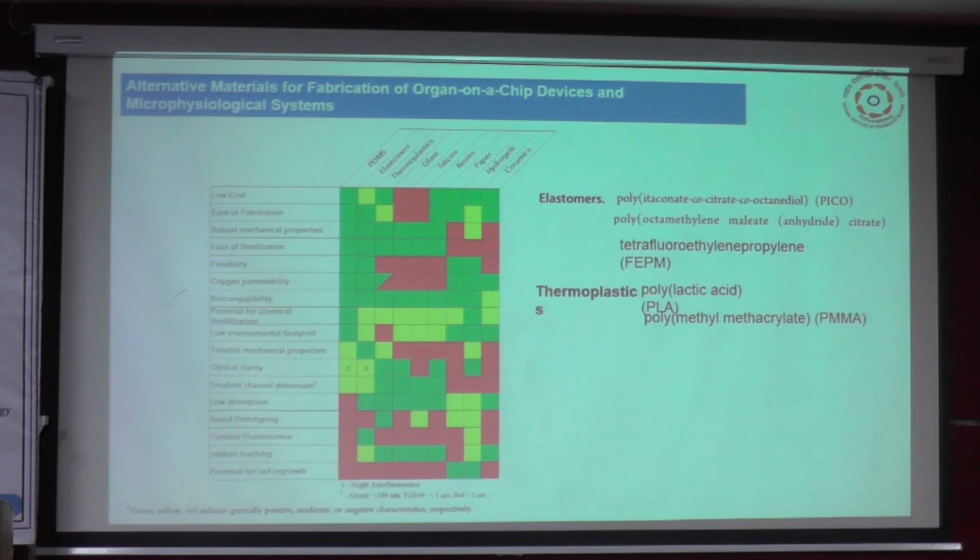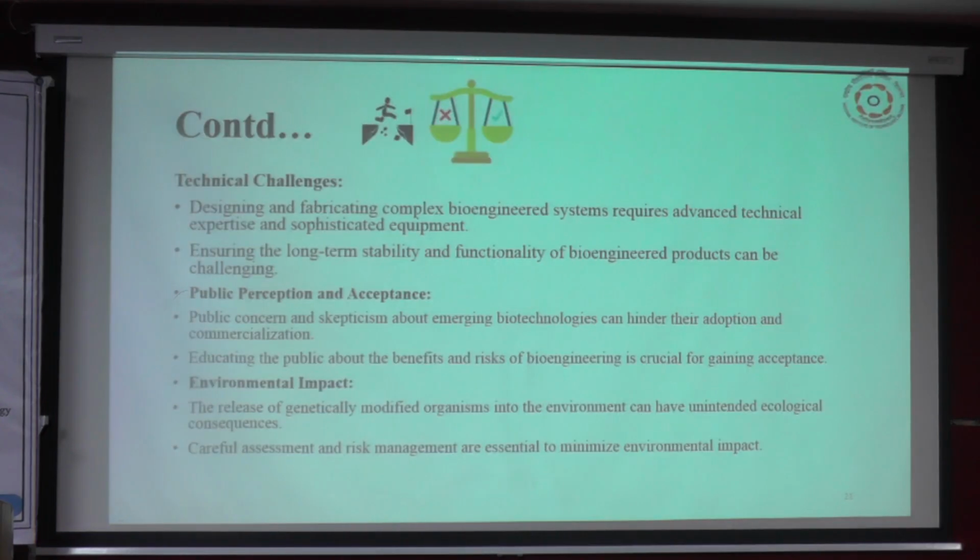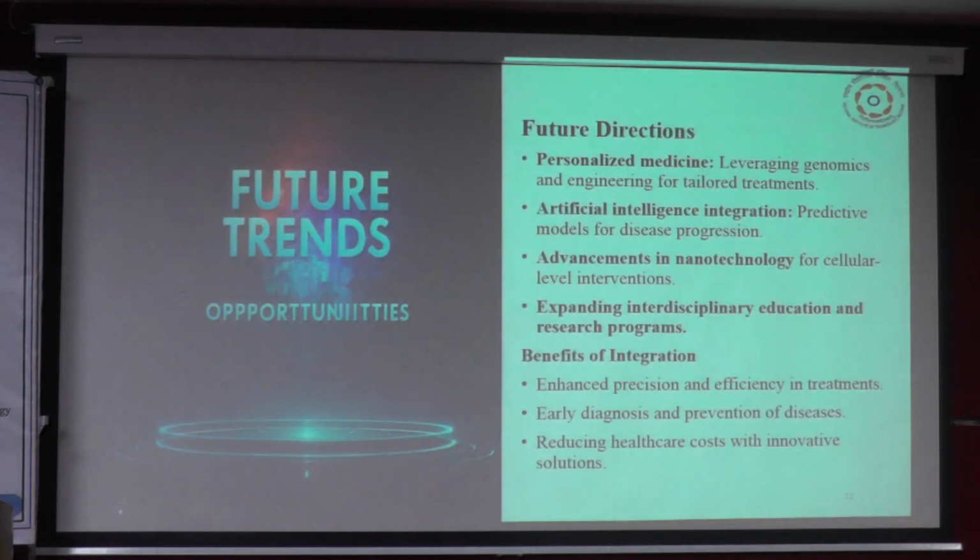Some should be mixed: some characteristics are moderately good, some very good, and a few maybe bad. Elastomers and thermoplastics are new materials coming for this type of organ-on-chip application. The challenges I have already described.